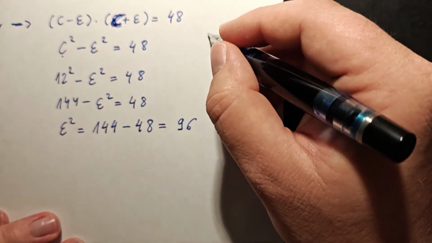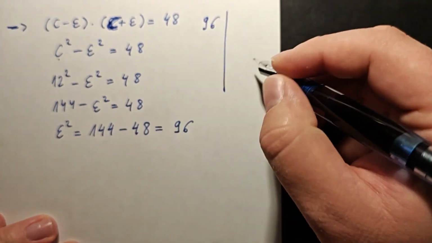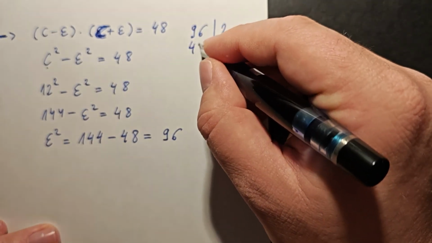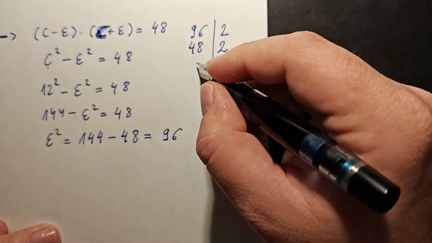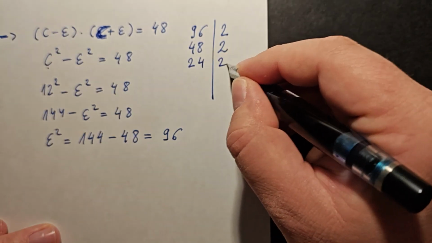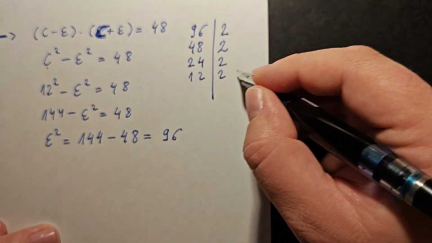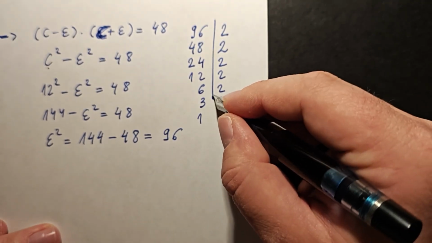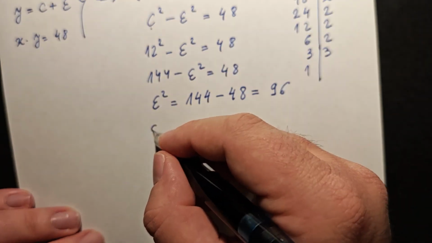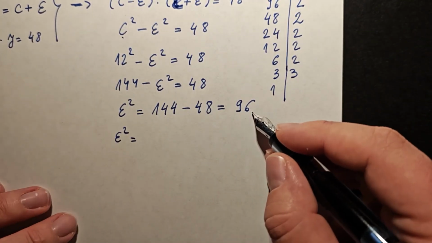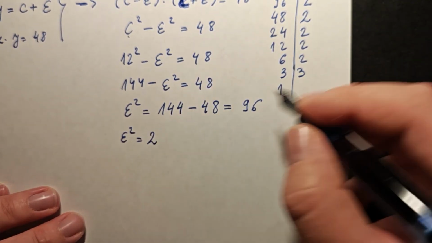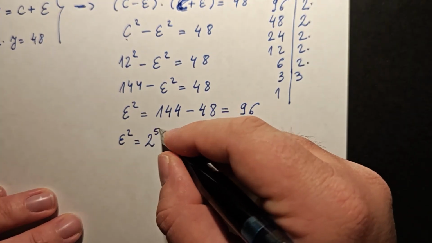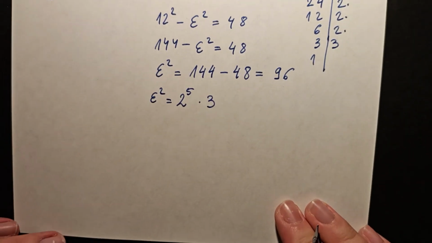And again, we are going to analyze number 96. It is divisible by 2, and we get 48, which is again divisible by 2. We get 24, by 2, 12, by 2, 6, by 2, 3, and by 3, 1. So epsilon squared is equal to 96, which is equal to 2 to the power of 5, multiplied by 3.